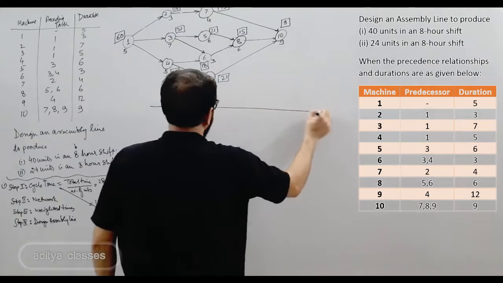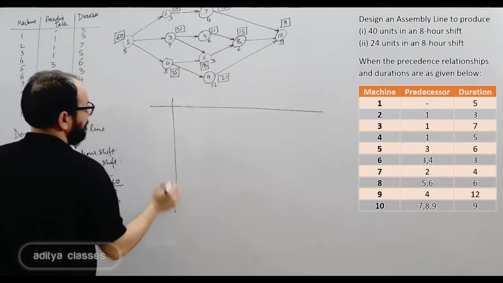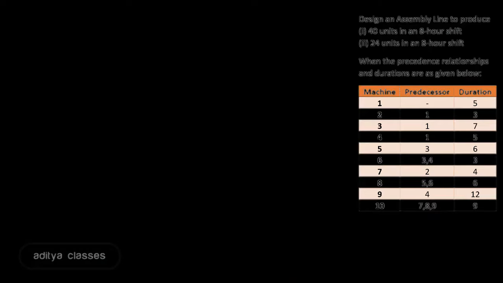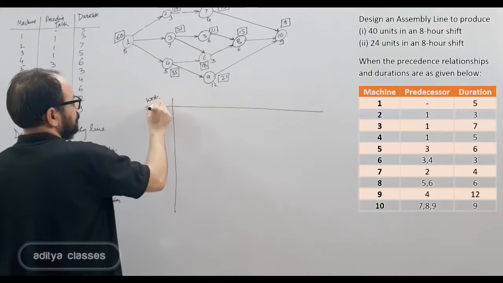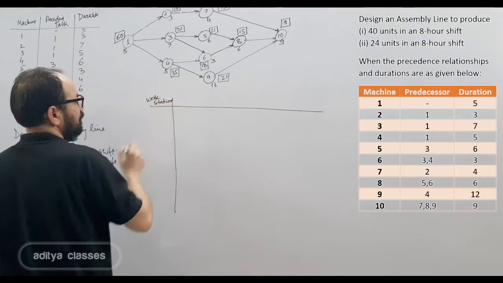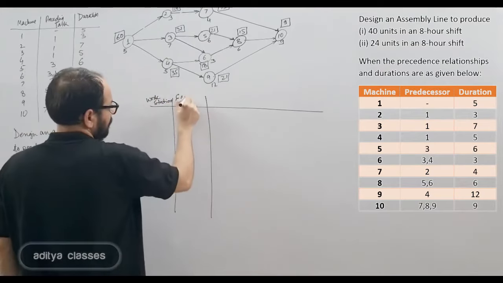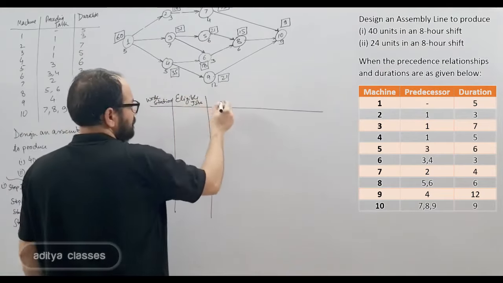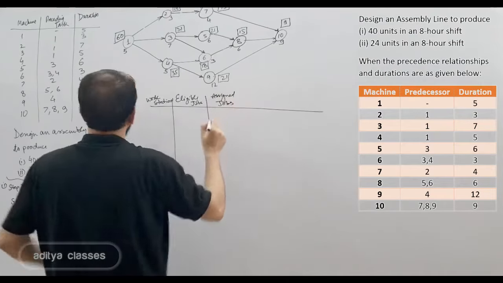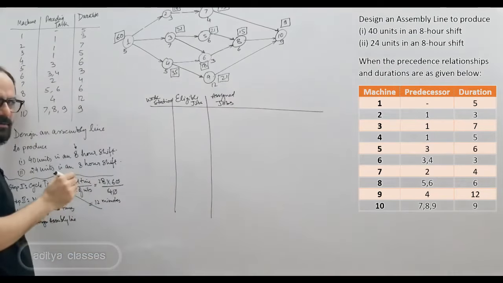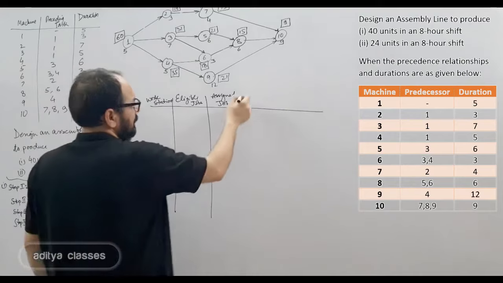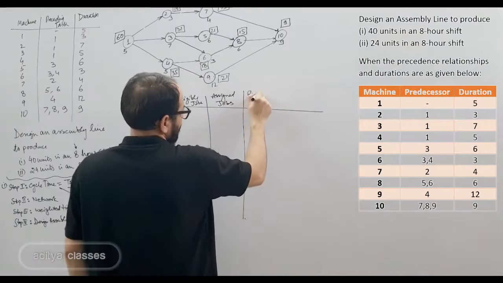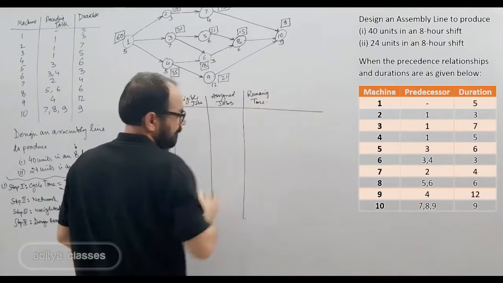How do we proceed with 4th step? We have workstation, eligible jobs, jobs or machines or whatever the question or numerical tells, and remaining time.